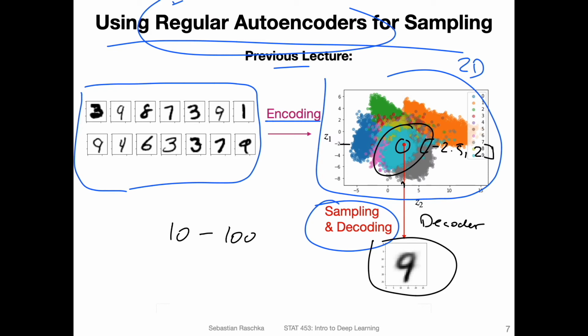So if you pick an arbitrary point in the higher-dimensional space, it is not really guaranteed that it produces a valid image that looks anything like the input data if you put it through the decoder.